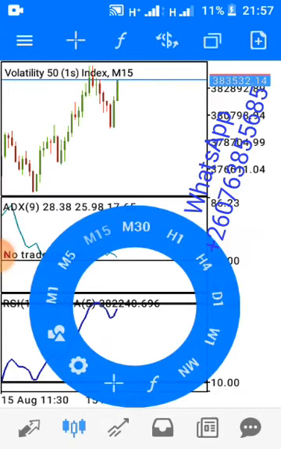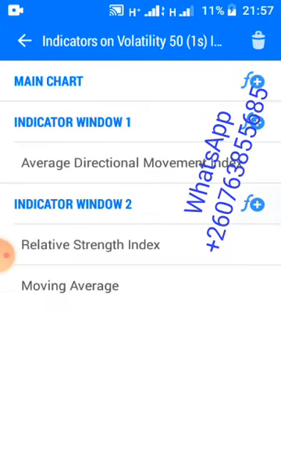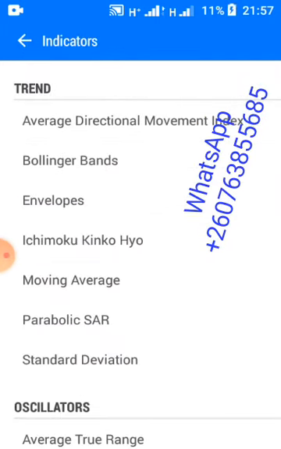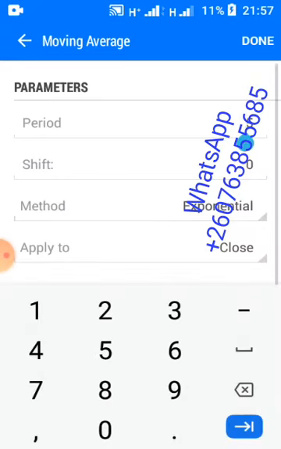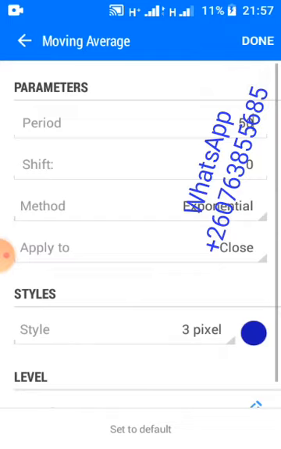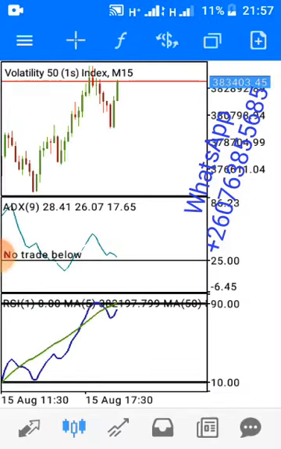And I'm gonna put another moving average on indicator window 2, and this time it's period 50, and the color is going to be green. Okay, it's gonna look like this.